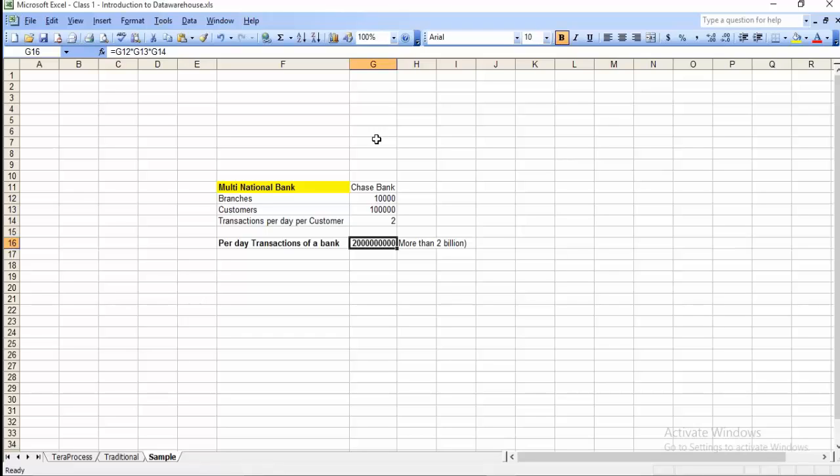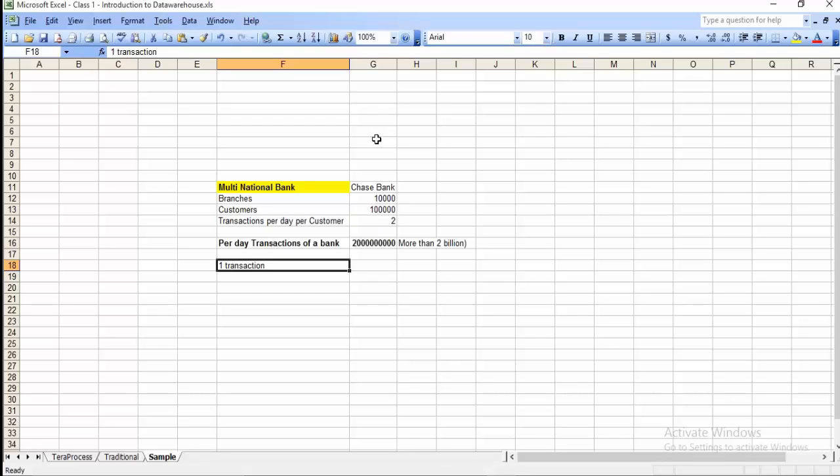These are all approximate figures. The traffic faced by a multinational bank is about 2 billion transactions a day.